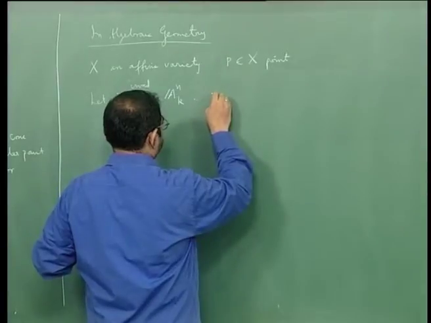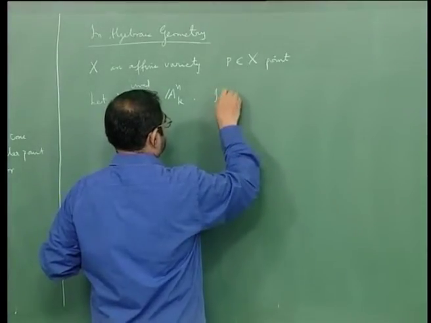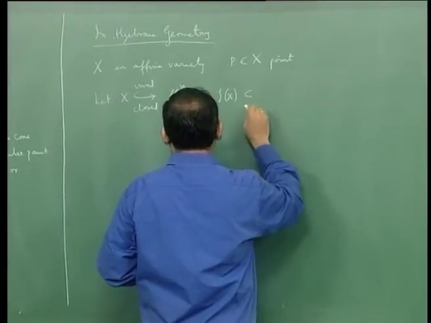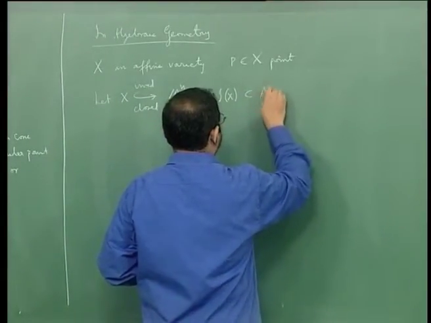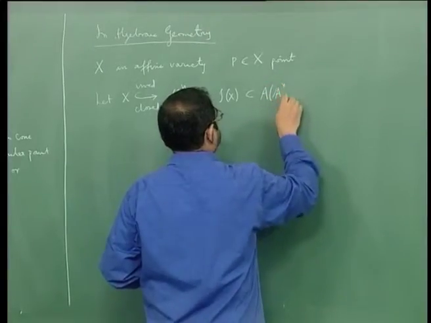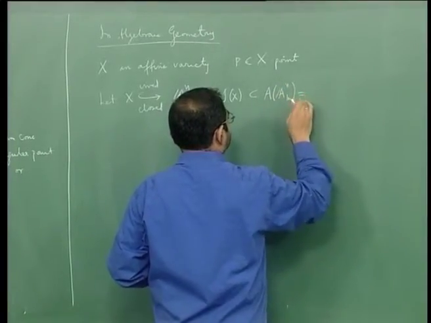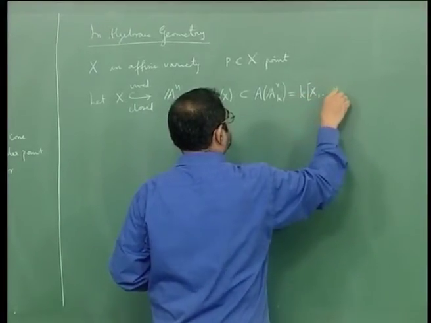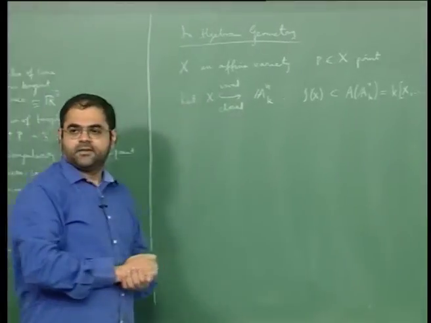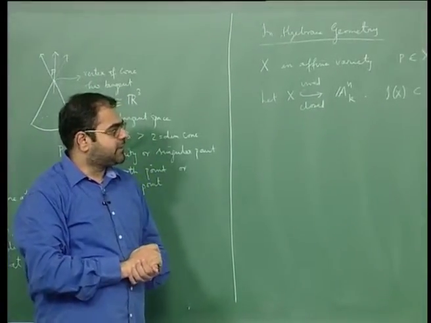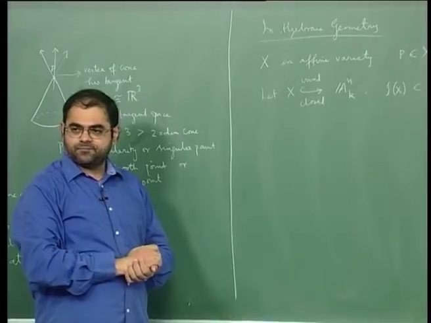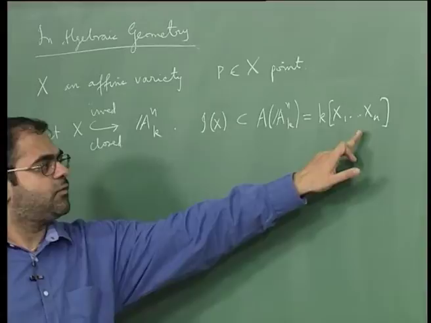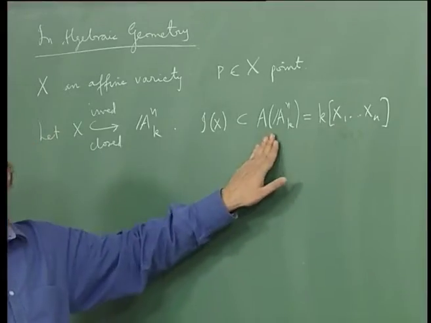Then you have the ideal of X, which is an ideal inside the affine coordinate ring of A^n, which can be identified with the polynomial ring in n variables. If you take capital X1 through capital Xn to be the coordinate functions, then the polynomial ring in those coordinate functions is the affine coordinate ring of affine space.